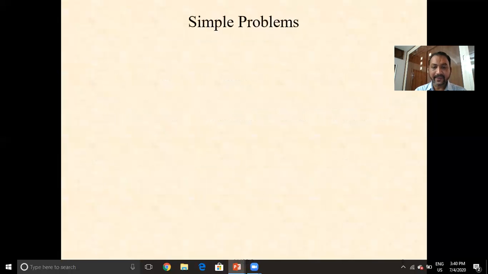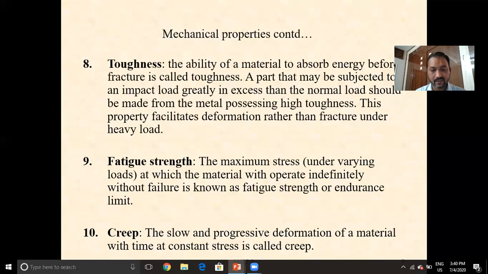The next property is the creep. Creep is also one of the important properties. It can be defined as the slow and progressive deformation of a material with time at constant stress. Whenever a body is subjected to a continuous load, the deformation slowly occurs.